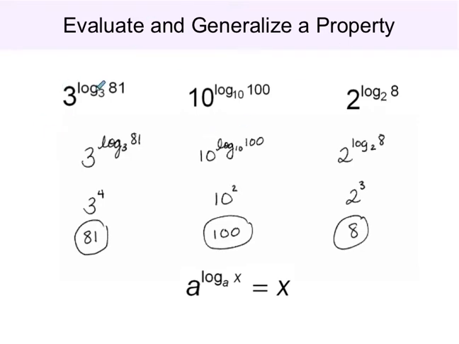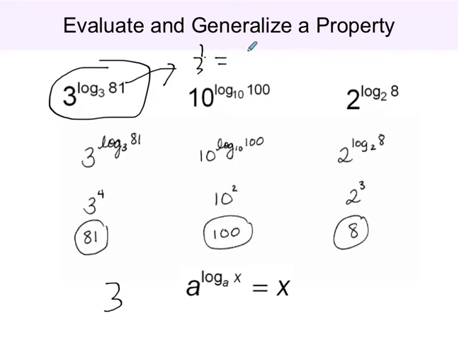So this problem says 3 to the log base 3 of 81. Well, log base 3 of 81 says 3 to what power is equal to 81.